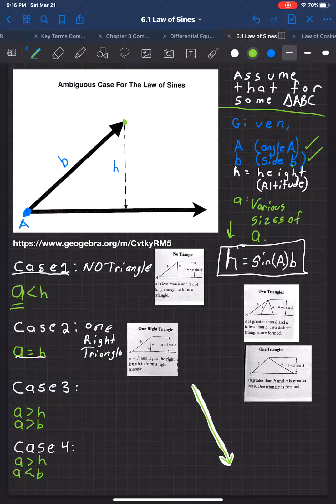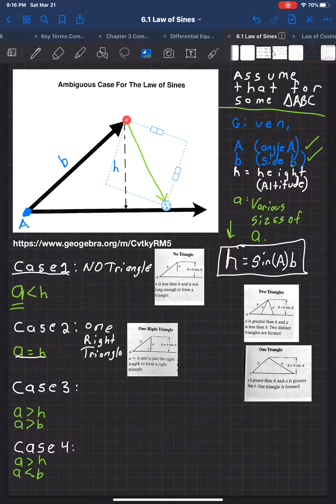So let me go ahead and look at case 3. So for case 3, let's see what we have. We have length of A is bigger than H, okay? So it is larger than H. But, and for case 3, it's larger than B. So ready?